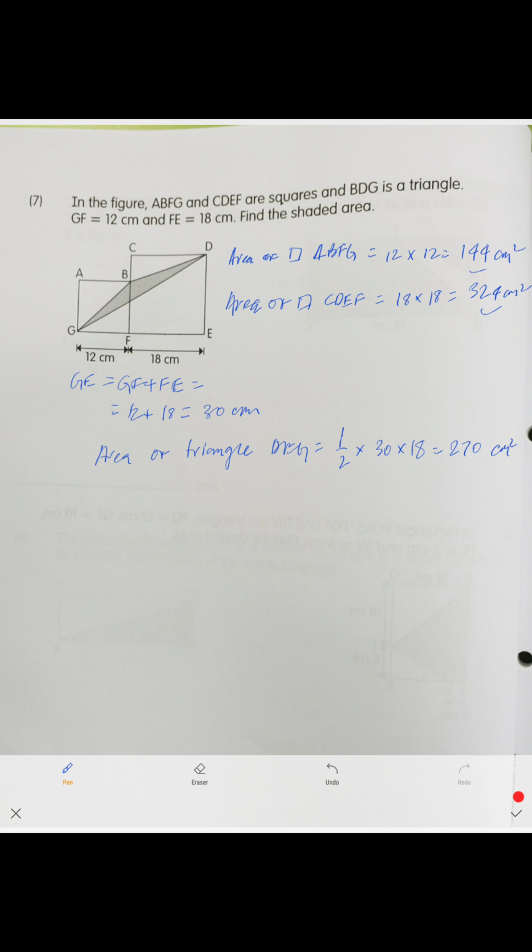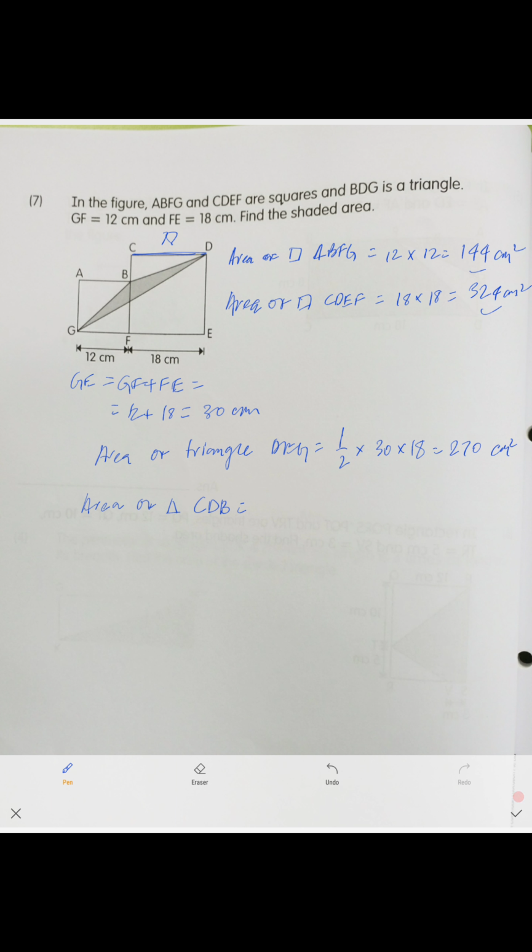The next step is to find this triangle, CDB. Area of triangle CDB is equal to 1/2 times... We know only one side, this is 18, because CDEF is a square. We need this little piece, CB.